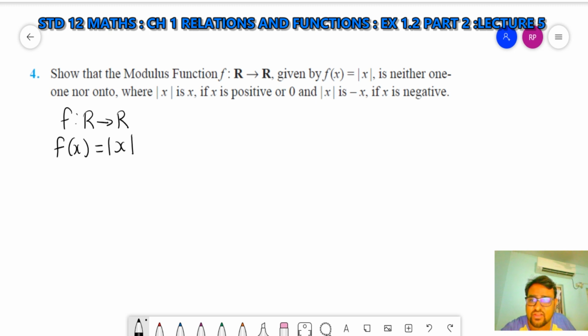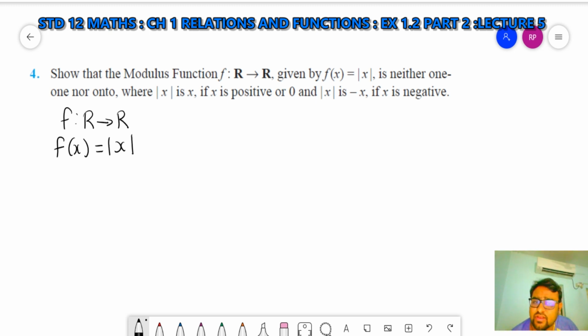Yes, that means you got the hint. You already know it is not 1-1 and not onto, so you just have to prove it. The modulus of x is x if x is positive or 0, and modulus of x is minus x if x is negative. We already know this.